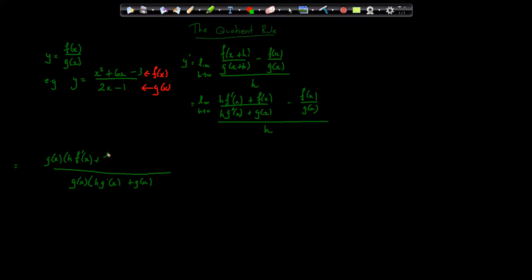Bracket there, and this f(x) would need to get multiplied by all of this, so minus f(x) times all of this. Okay, so just double checking there, that looks right, and remember we've got all of this still over h, and we've got our limit as h tends to 0 in front.